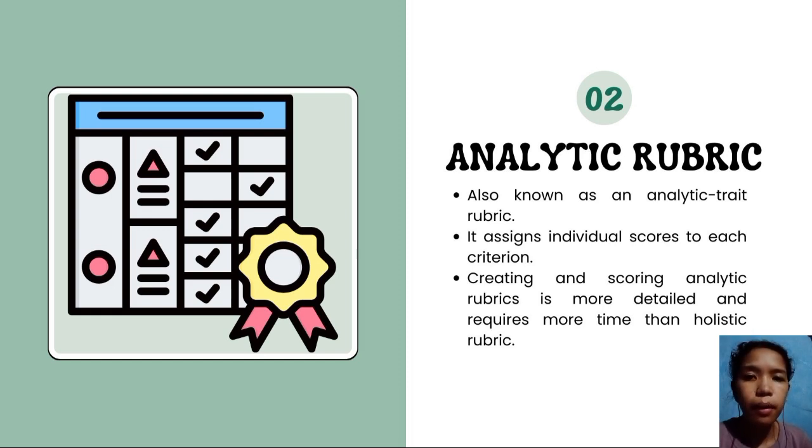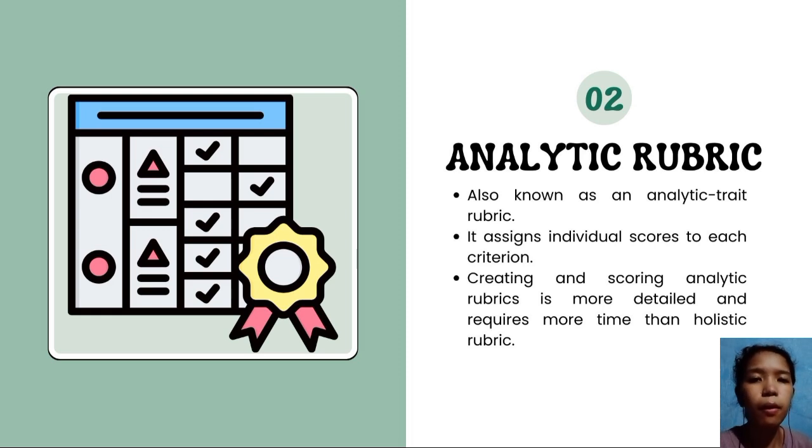That's where analytic rubrics come in. They give specific and consistent feedback, which is helpful both for students improving their work and for teachers aligning their scoring. According to Macmillan, an analytic rubric, or also called an analytic trait rubric, assigns individual scores to each criterion.